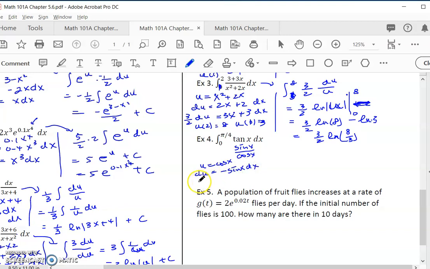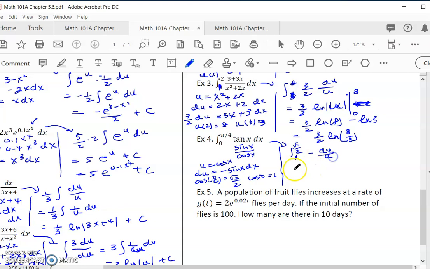And then we change the bounds: cosine pi over 4 is root 2 over 2. Cosine 0 is 1. So our integral would become like that. It would be 1 at the bottom, and root 2 over 2 at the top, and we have negative du over u.